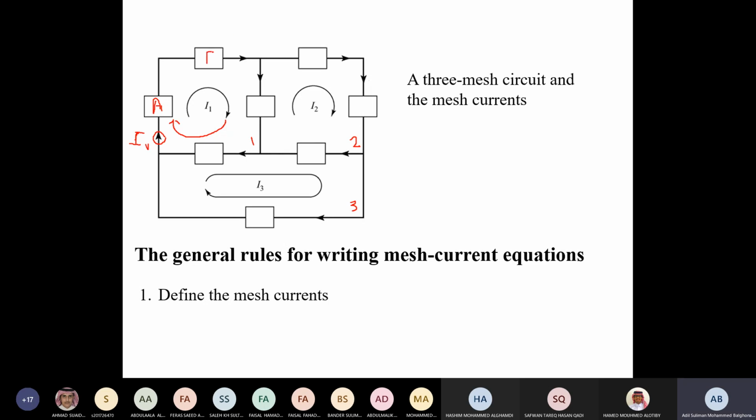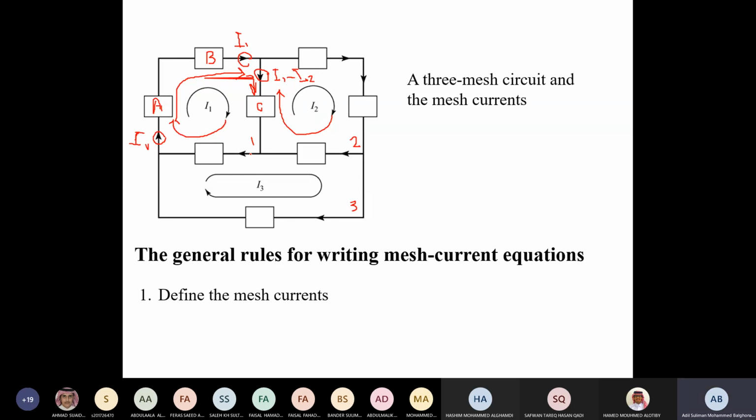Same thing for element B. The current, this one, from left to right, it will be also I1. When we come to element C here, the current coming down, this is I1, but I2 is going up, okay? And since I want it to be down, so this one will equal then I1 minus I2, okay?